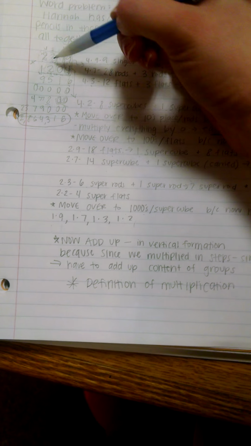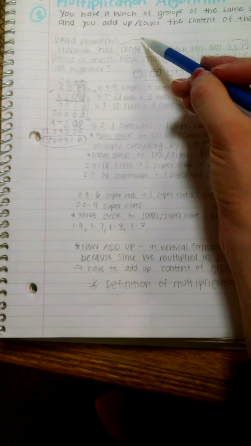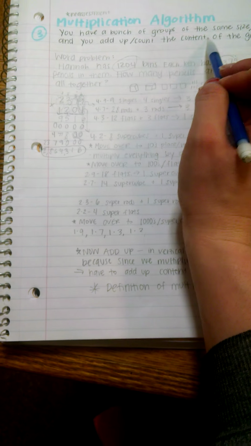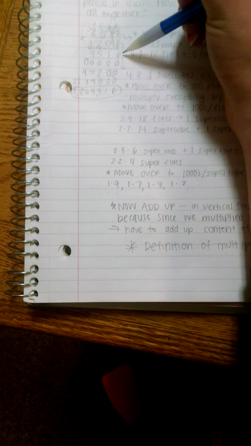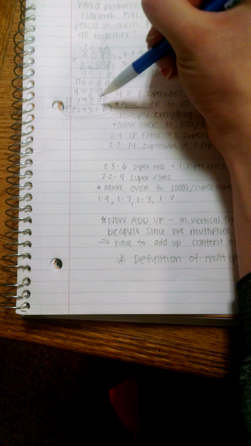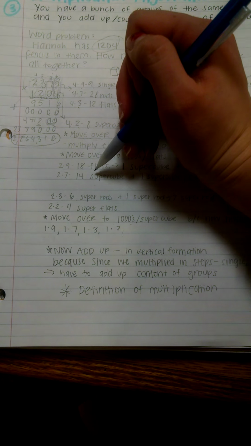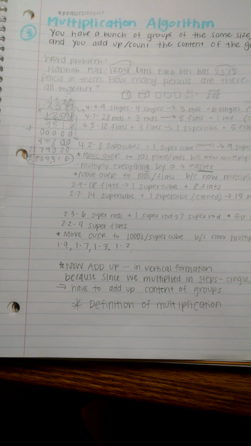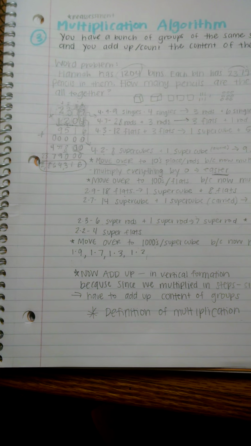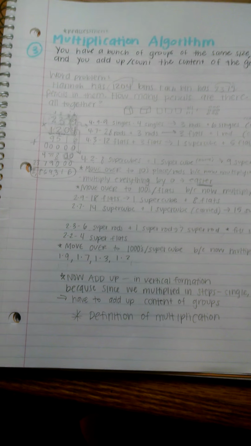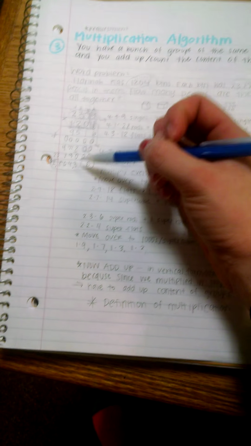All right, so we multiplied all this. We have a bunch of groups, and you add or count the contents of the groups. So now we have all these numbers here, and we have to add them up vertically because it's really 1,204 groups of 2,379 things.